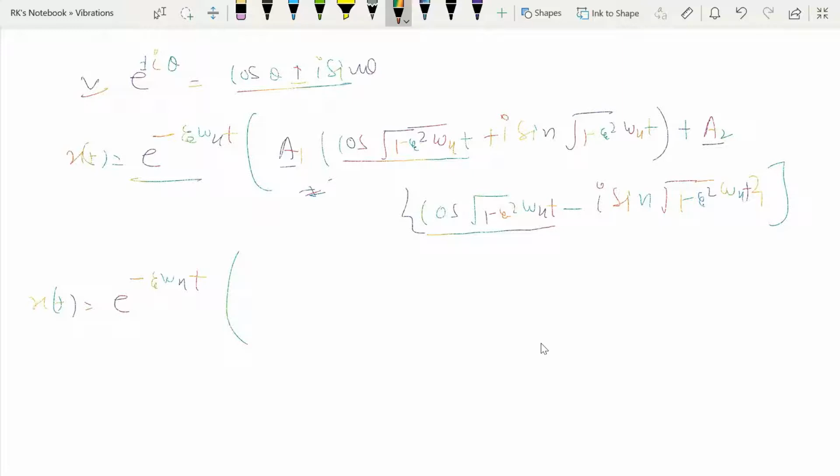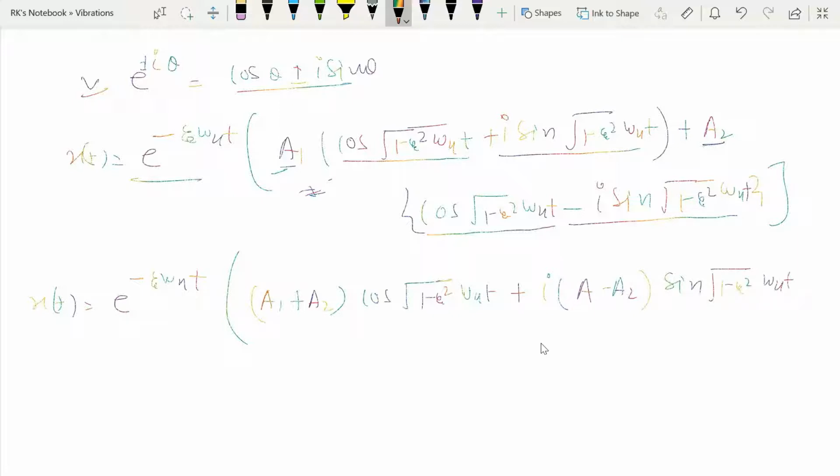This becomes A1 plus A2 times cos square root of 1 minus zeta square omega n t, right? And from here A1 gets multiplied by this term, and A2 by this term, so we can take as common plus iota times A1 minus A2, multiplied by sine square root of 1 minus zeta square omega n t, right?